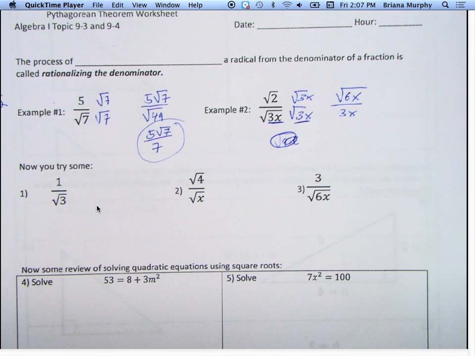Why don't you guys try 1, 2, and 3, right? Absolutely. I told you not to do that.